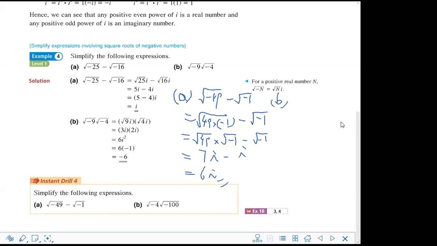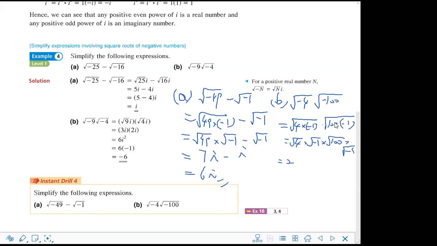And then part B. Both of them are square roots of negative numbers, so you just need to change them to be in terms of i. Square root 4 times square root of negative 1 times square root 100 times square root of negative 1.